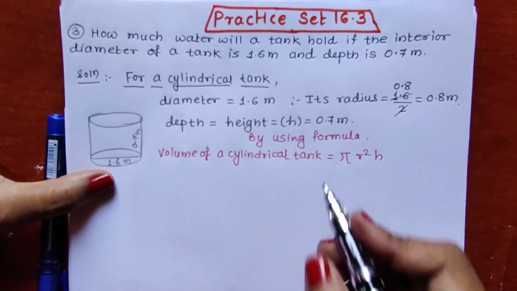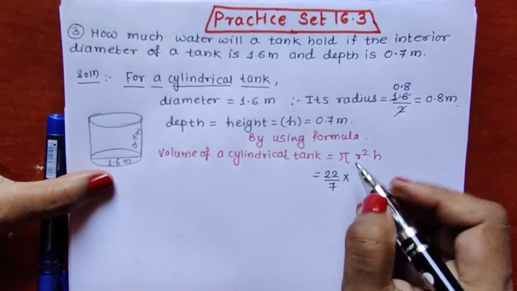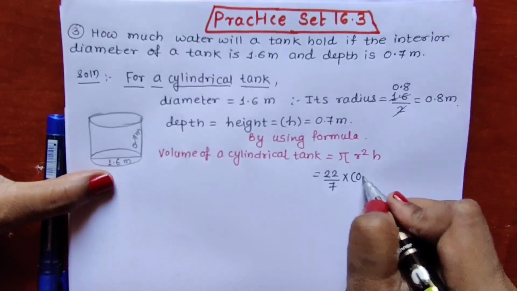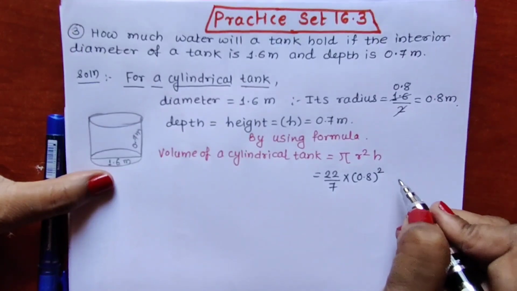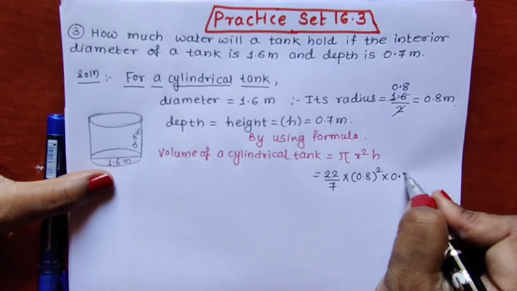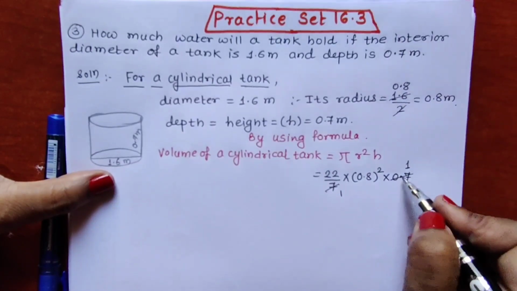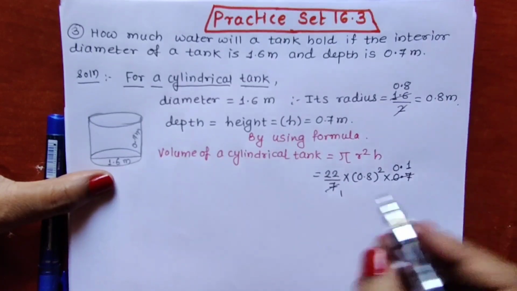We will put the values here. Pi value we write 22 upon 7. R value is 0.8 square and h value is 0.7. This 0.7 can be cancelled with 7. 7 ones are 7 and 7 ones are 7. 0 point is there, so we write 0.1.